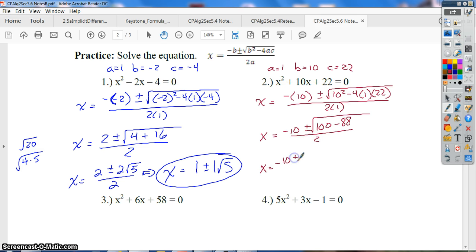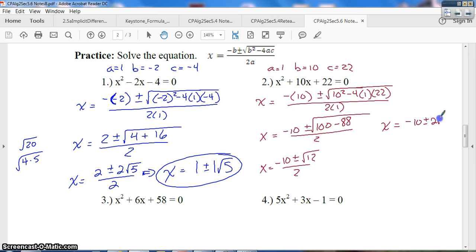We're looking at negative 10 plus or minus the square root of 12 over 2. So we got negative 10 plus or minus 2 root 3 over 2. Both of those are divisible by 2, so we can write this as negative 5 plus or minus the square root of 3.